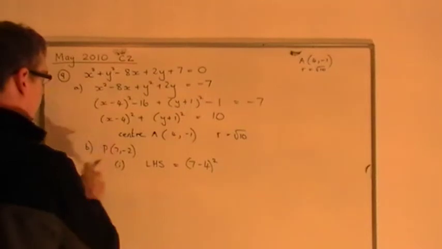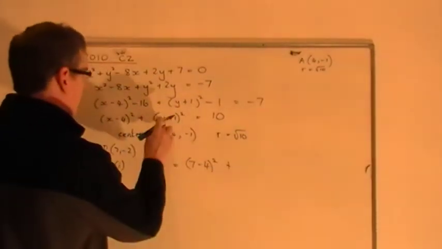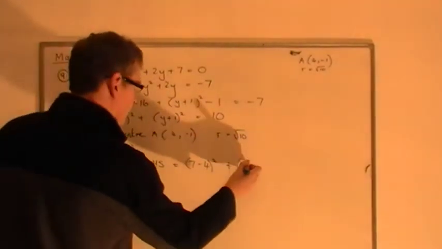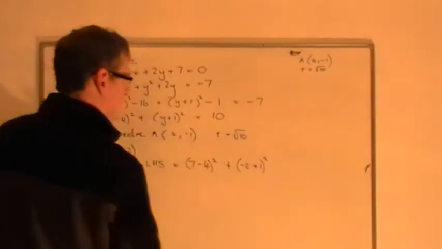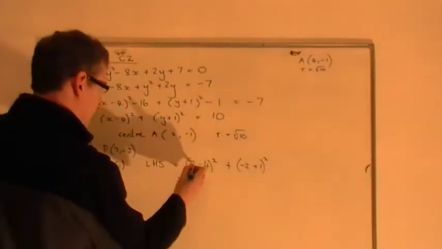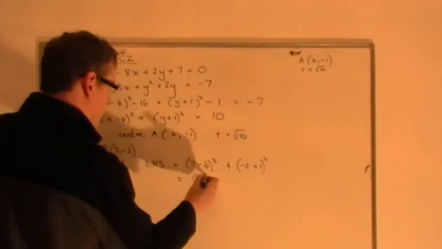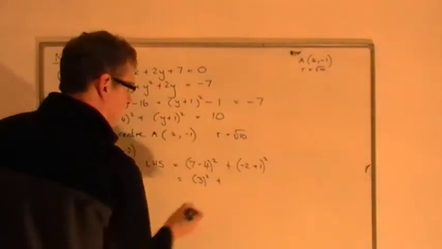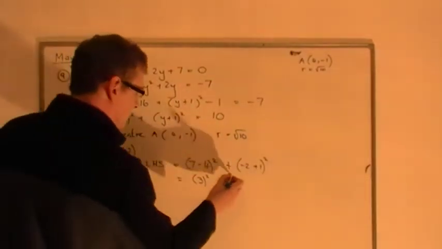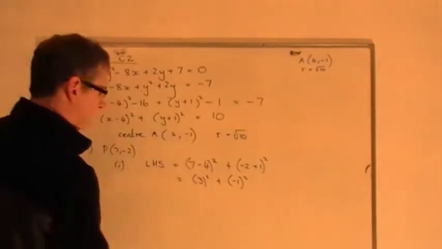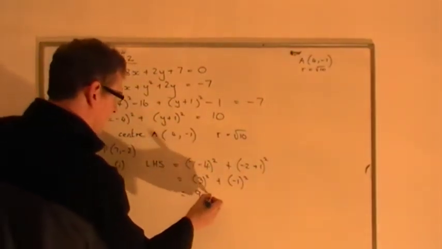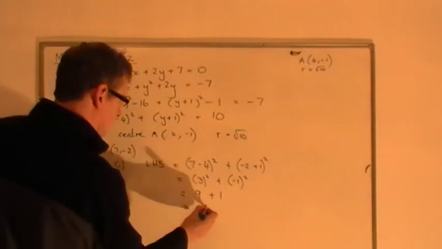So here we go, left hand side, x minus 4 becomes 7 minus 4 in a bracket squared, 7 being x, plus y plus 1, that's minus 2 is y, plus 1 squared, equals 7 take 4 is 3 squared, plus that is minus 2 plus 1, that's minus 1 squared. So you get 9 plus 1, you get 10.